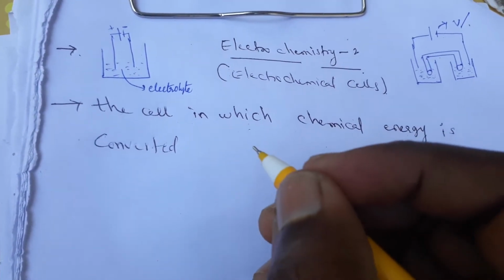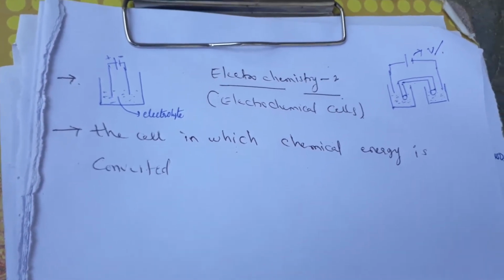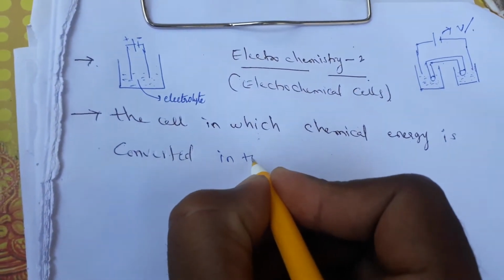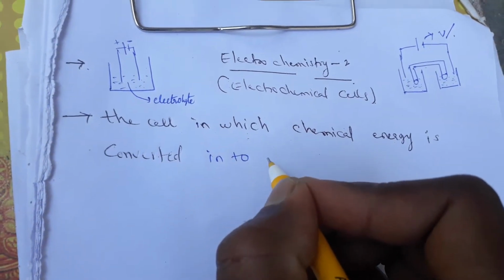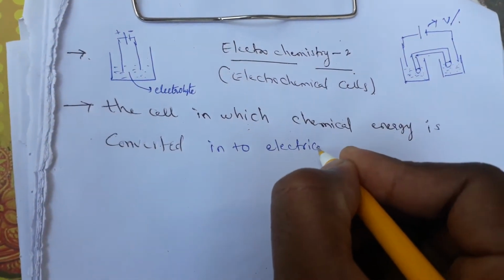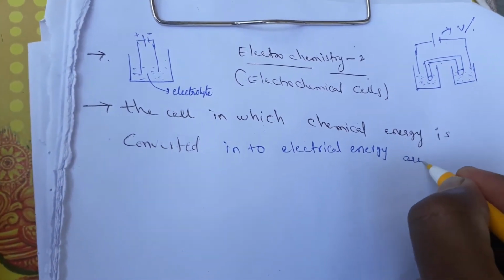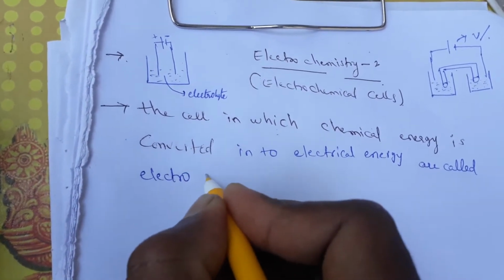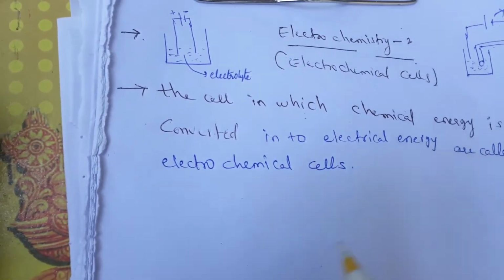So the cell in which chemical energy is converted into electrical energy is called an electrochemical cell.